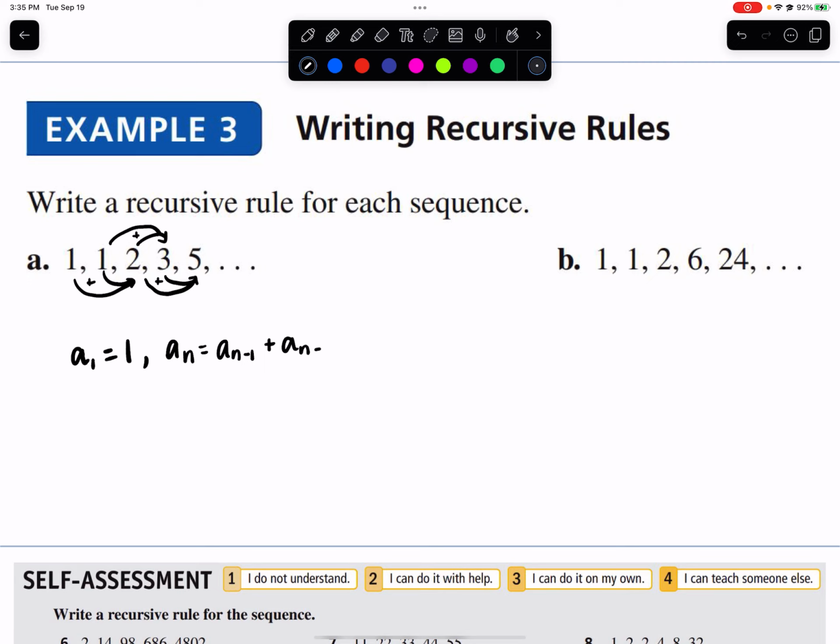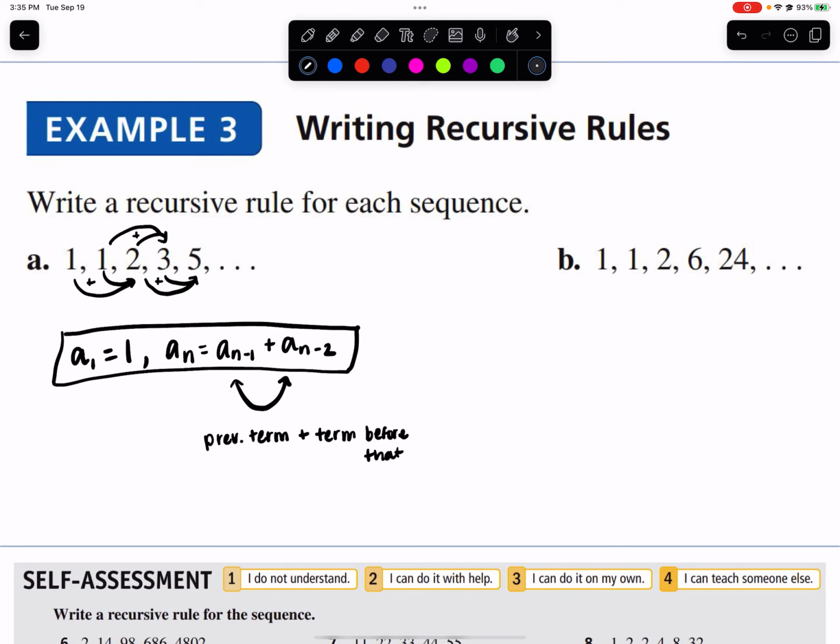So A sub n minus 2, if you go back 2 positions. So I'll make a little note here. Previous term plus term before that. So that is my recursive rule there.